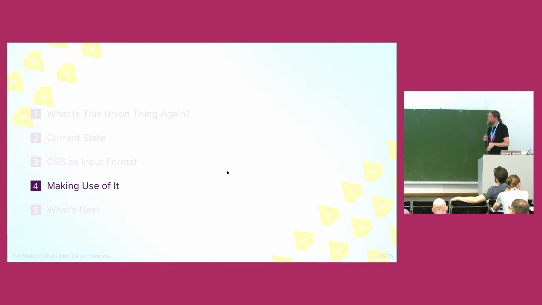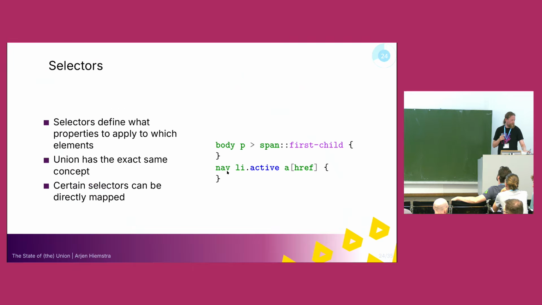So, great, we have CSS. How do we make use of CSS for styling our applications? Basically, how do I transform a bunch of this kind of gobbledygook into something that the application can do stuff with?